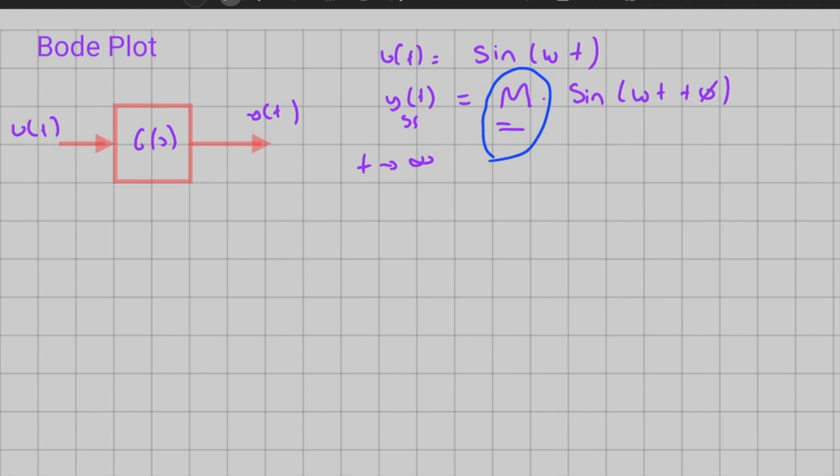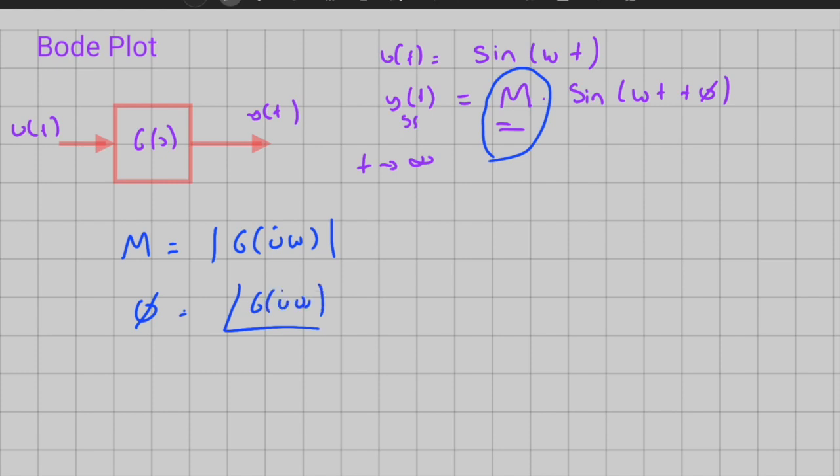If you again remember your differential equations or signals and systems courses, M, which is the magnitude amplification, is the magnitude of G of j omega, and phi, which is the phase shift, is equal to the angle or the phase of the complex quantity G of j omega.